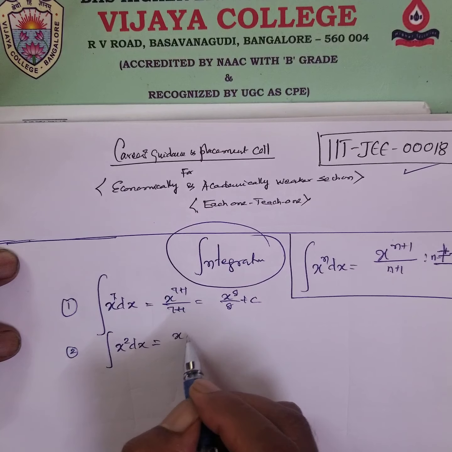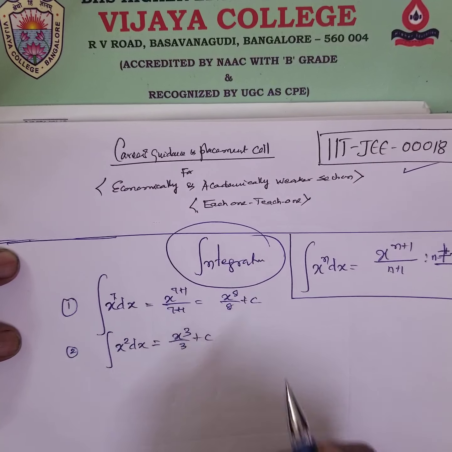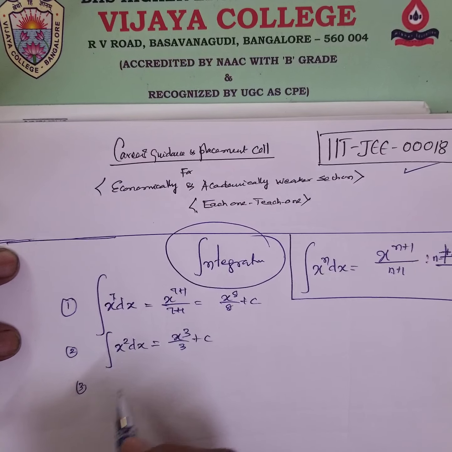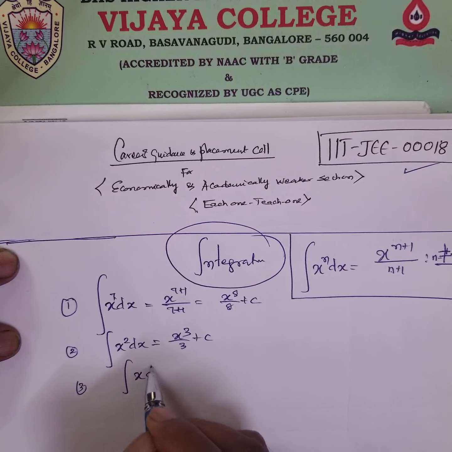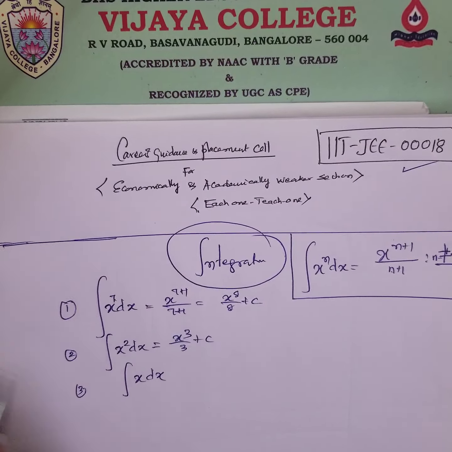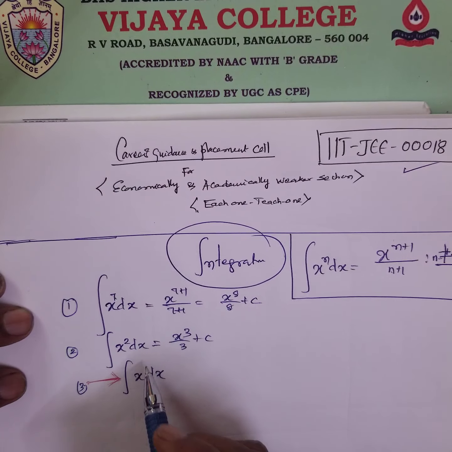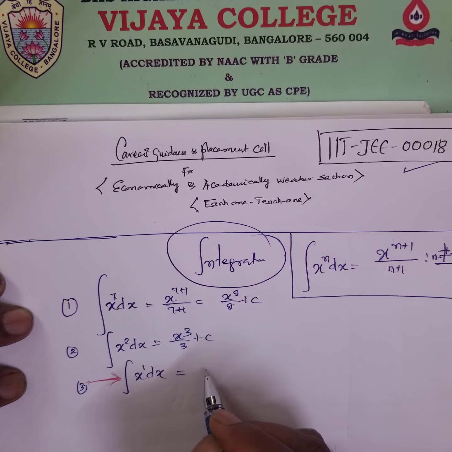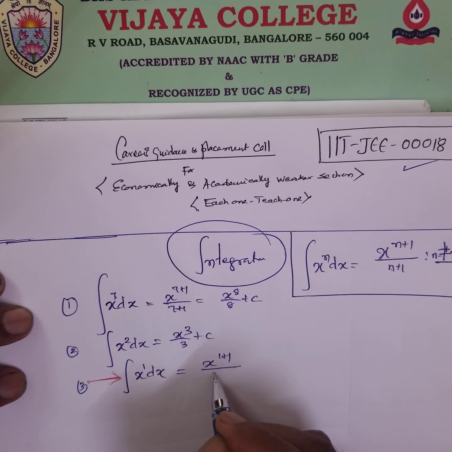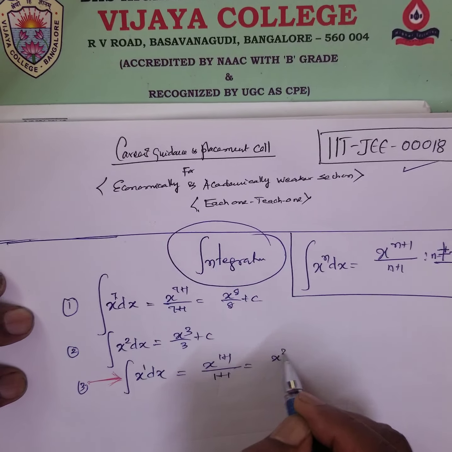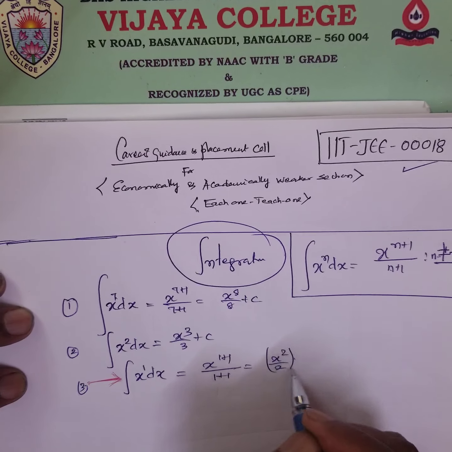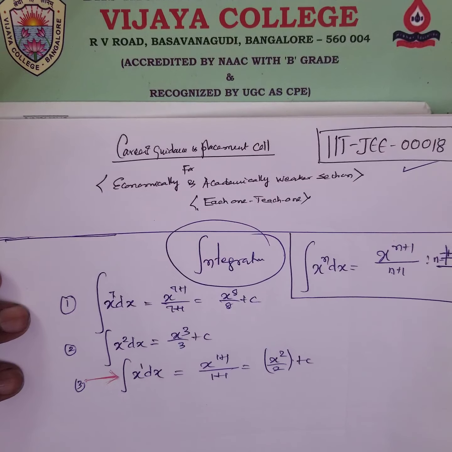How to do this? x cubed by 3 plus c, you know. And third one, if I write integral of x dx, you have to treat this as a formula. Therefore, just x to the power of 1, this is x to the power of 1 plus 1 by 1 plus 1, x square by 2 plus c. Right?